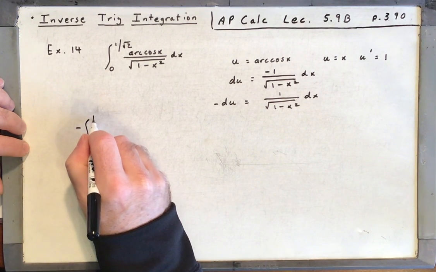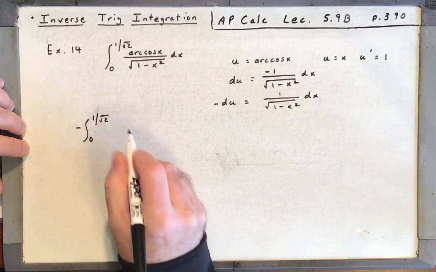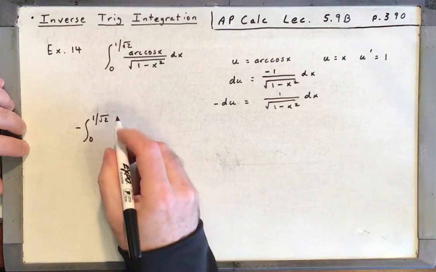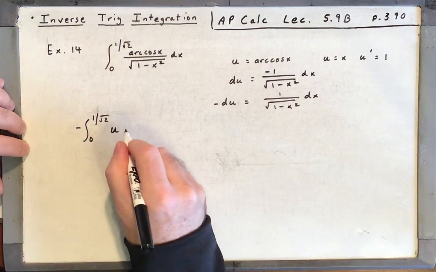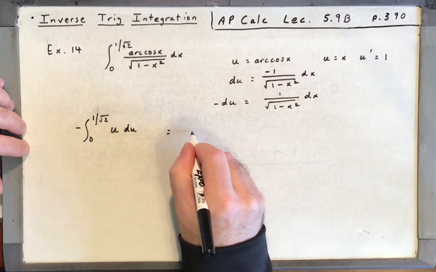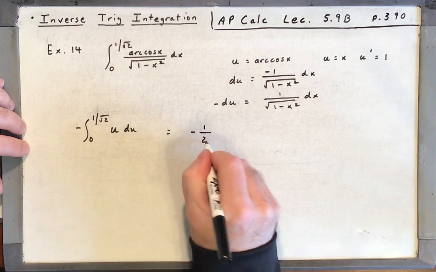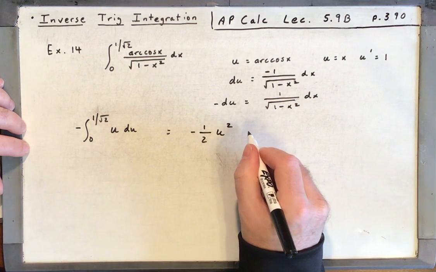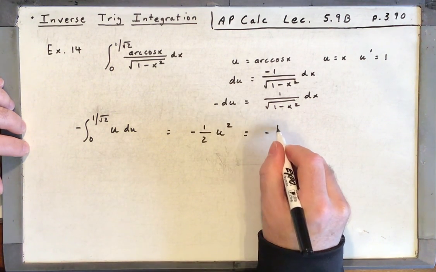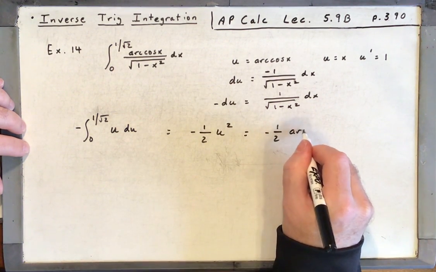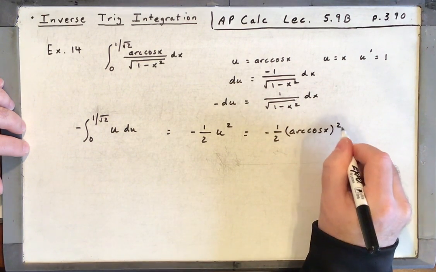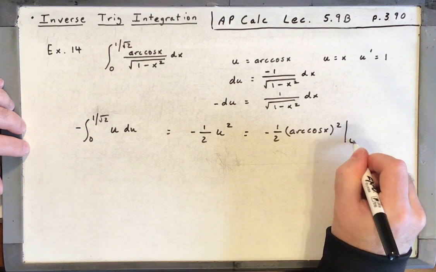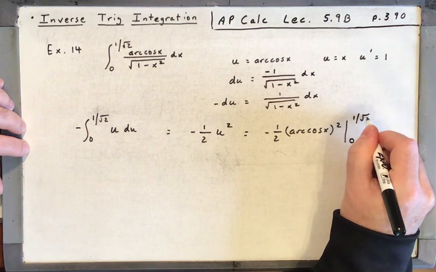We'll go from 0 to 1 over square root of 2. And all that would be left is just u. All right, arc cosine u du. So that's going to be minus 1/2 u squared, which is going to be minus 1/2 arc cosine x, all squared, evaluated from 0 to 1 over the square root of 2.